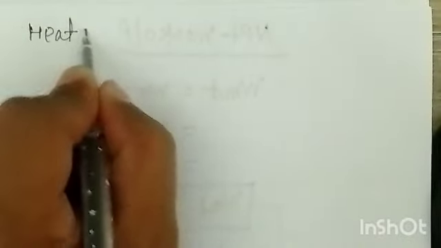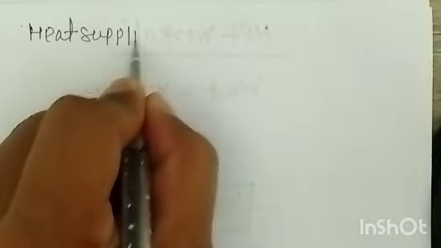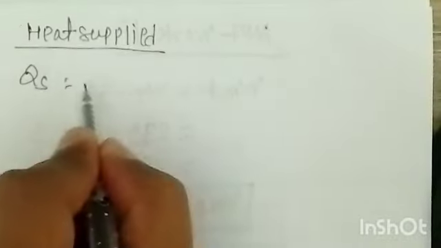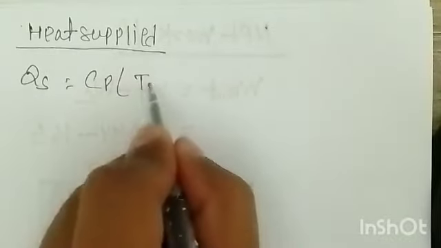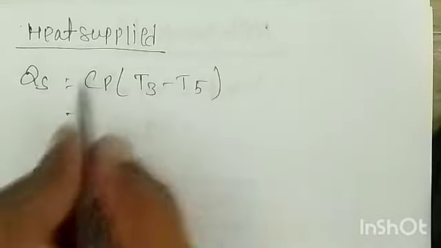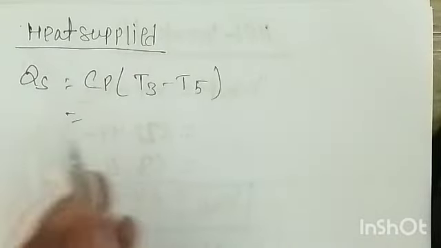So first of all, you can say here itself, that is heat supplied for the first case. So heat supplied QS is equal to CP into T3 minus T5, only T5 by using the heat exchanger, meaning T2 we are not using, right?